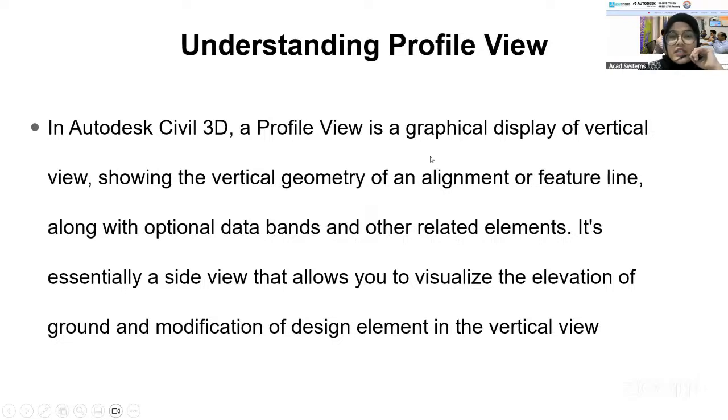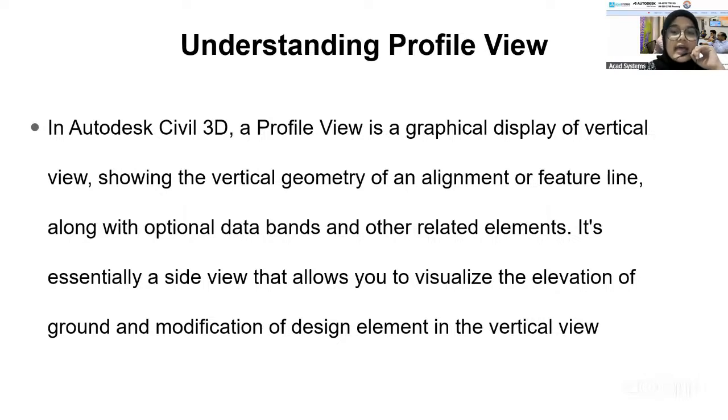So in Civil 3D, a profile view is a graphical display of vertical view that shows the vertical geometry of an alignment or feature line in your plan, in your existing ground. The graphical vertical geometry of alignment or feature lines comes along with the optional data band. So you can add band data.